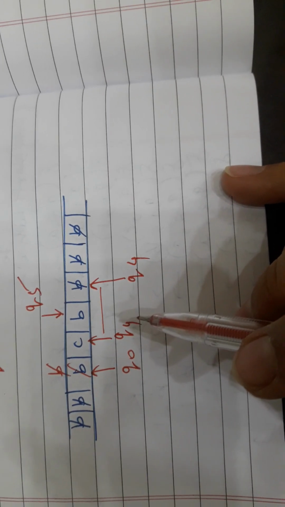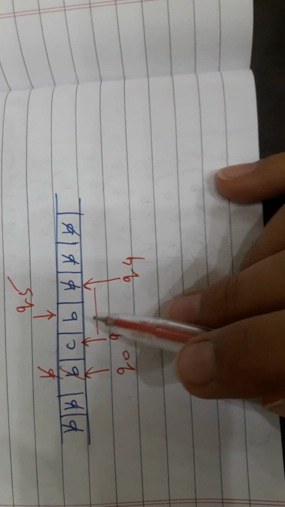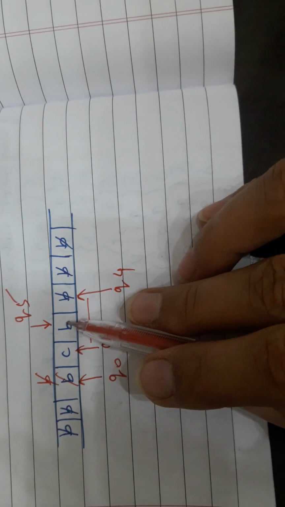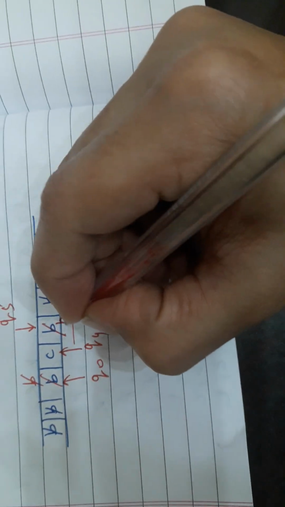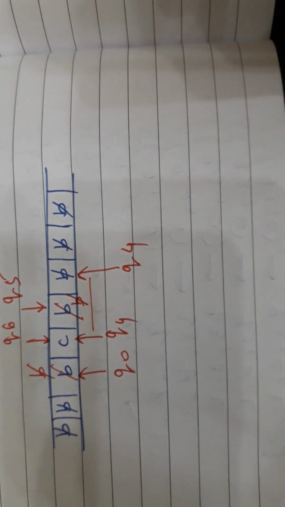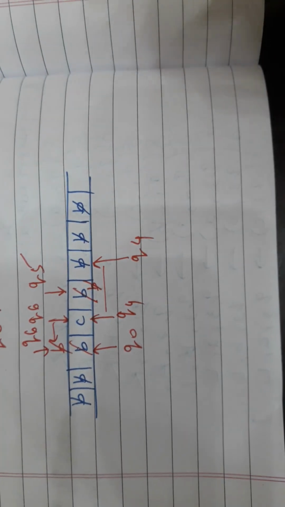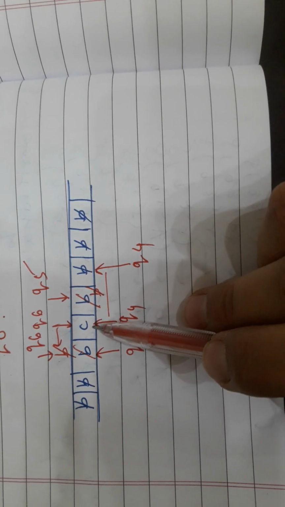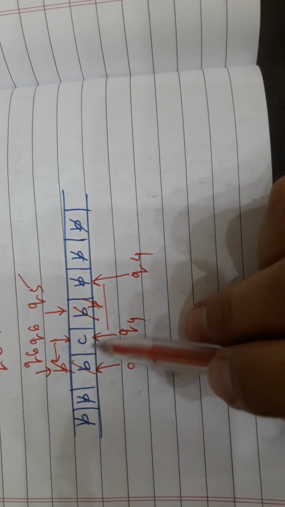Now since this becomes Q5, it has to receive B because we have to check whether these two symbols are the same. So this will be changed to blank and Q6 goes here. What does Q6 do? It simply skips all these symbols until it receives a blank. So Q6 will reach this blank point here by skipping this C symbol, which is the separator.